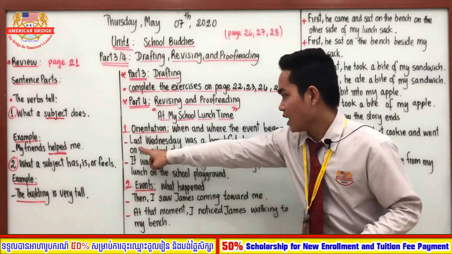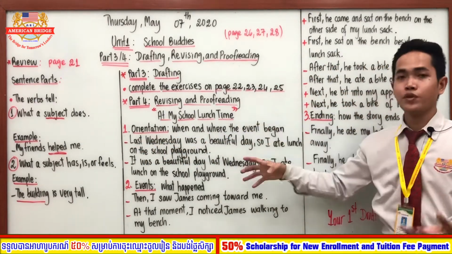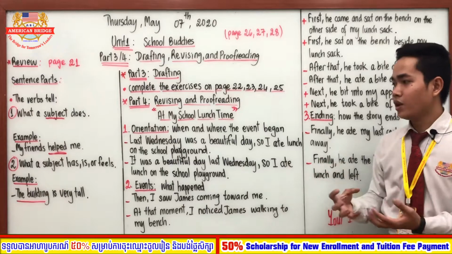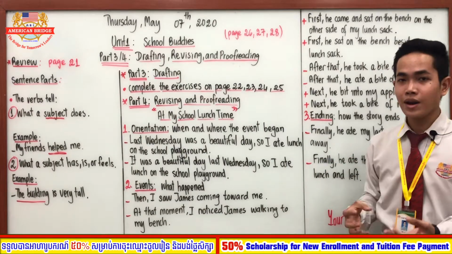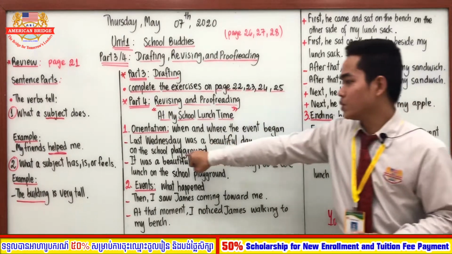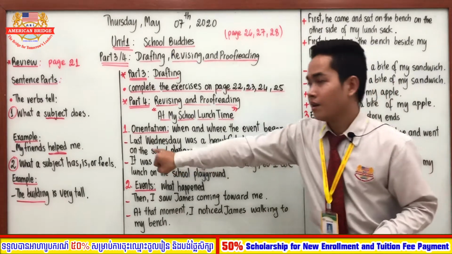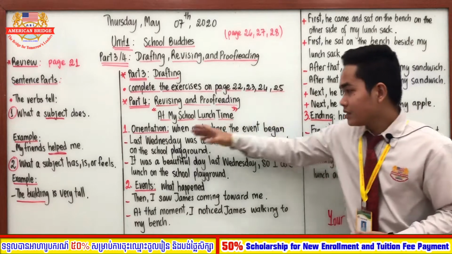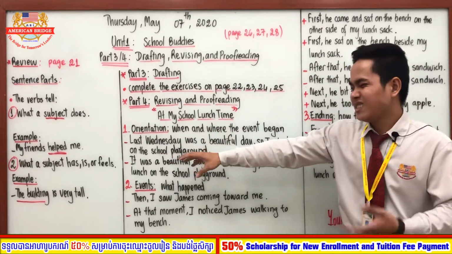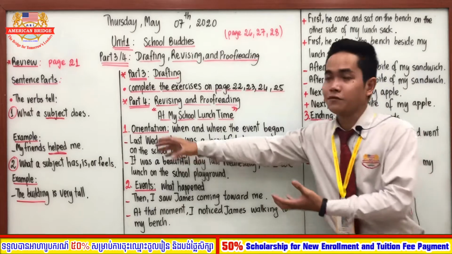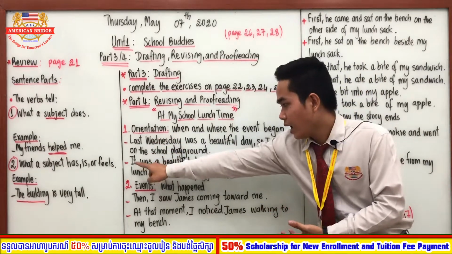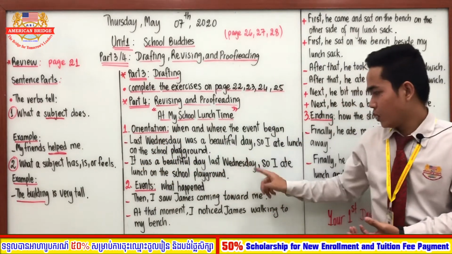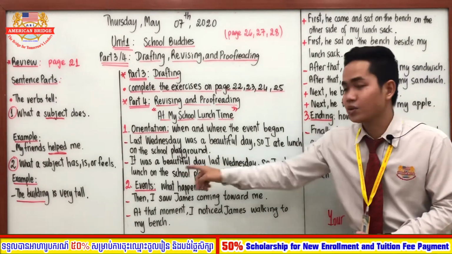First is, last Wednesday was a beautiful day, so I ate lunch on the school playground, right? So it happened at the school playground, and when? Last Wednesday. Another sentence has the same meaning as the first sentence. As you can read, it was a beautiful day last Wednesday, so I ate lunch on the school playground.